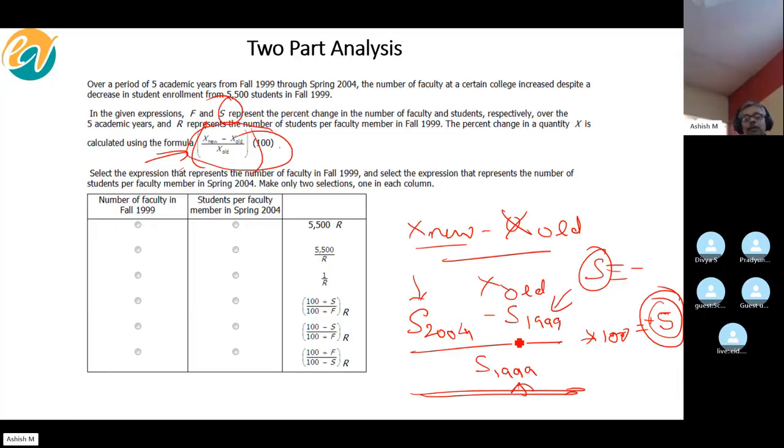That's the point I'm saying, since it says there is a decline, S stands for a negative value, which means if you do the actual calculation, it will come out to be negative. But since we are taking a variable, we just have to take that variable. That's all I'm saying.